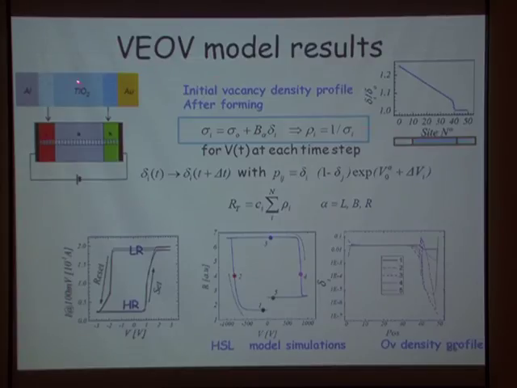This is titanium dioxide, and this is aluminum, which is essentially ohmic. So we have the filament, the conductive filament with a high content of oxygen vacancies, and regions in which the content of oxygen vacancies is lower because we have more oxygens there. So we perform the simulations with this updated profile that relates resistivity decrease with the content of oxygen vacancies.